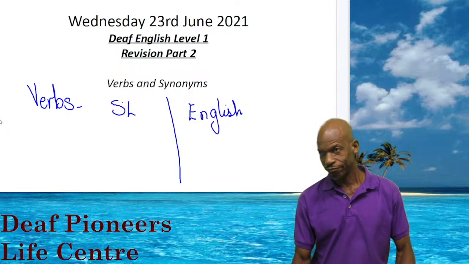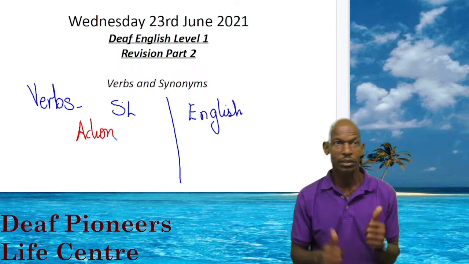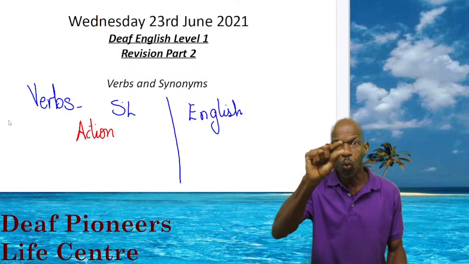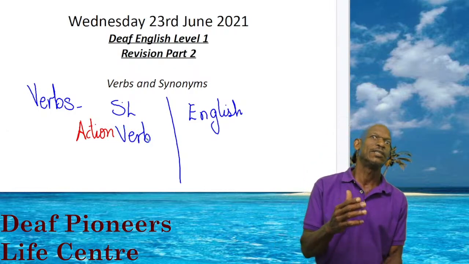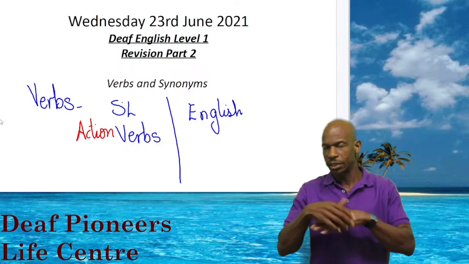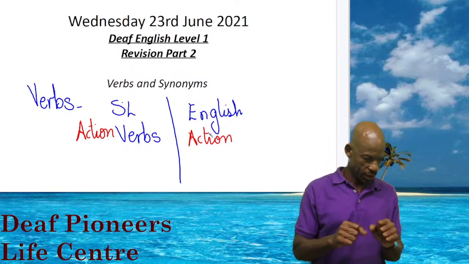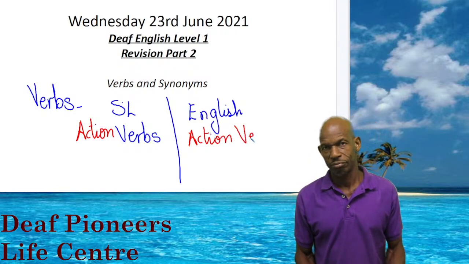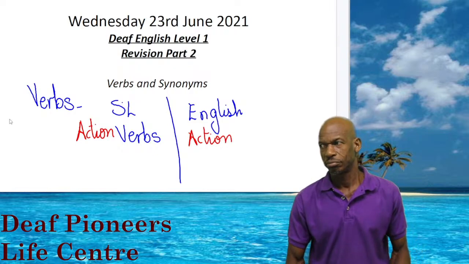So sign language has action verbs, and in English we also have action verbs. So both English and sign language have action verbs.